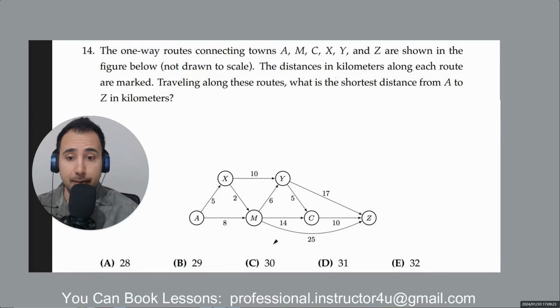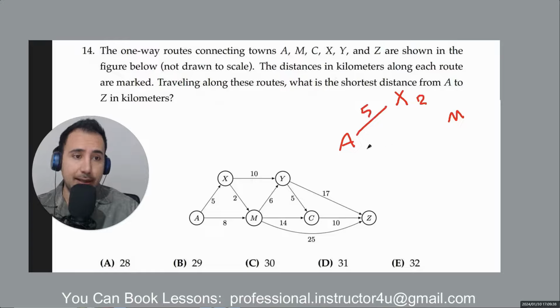So we could think about it, X, for example, is here. And imagine that, for example, M is here. If this is 5, this is 2, something like an 8 should be longer. Probably this is like 8 now. But it's not drawn to scale, okay?